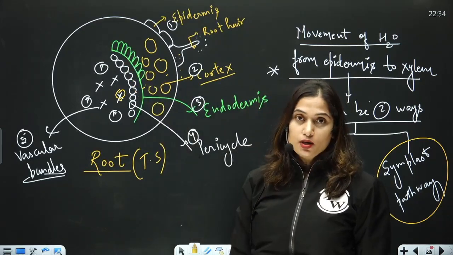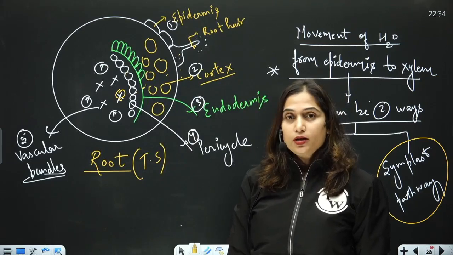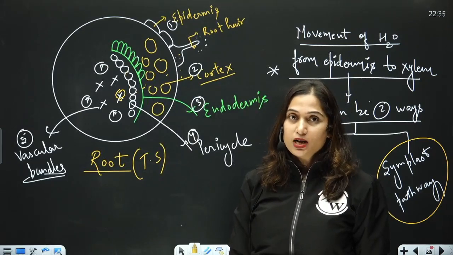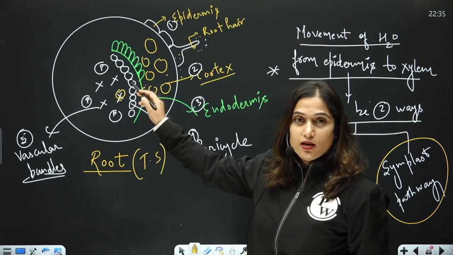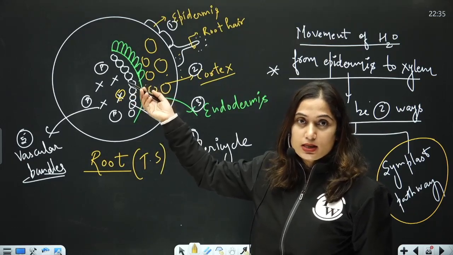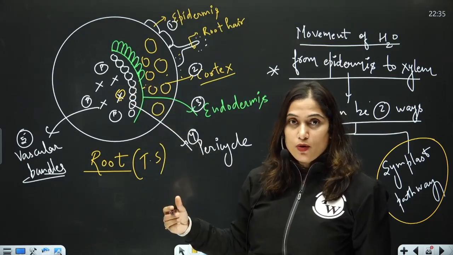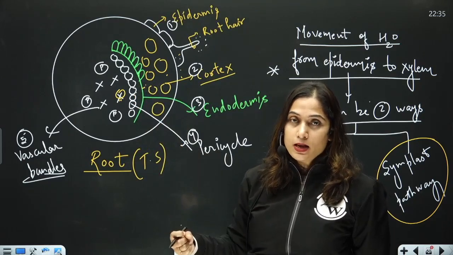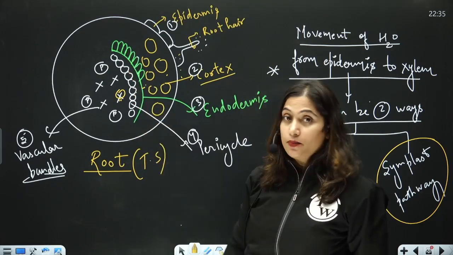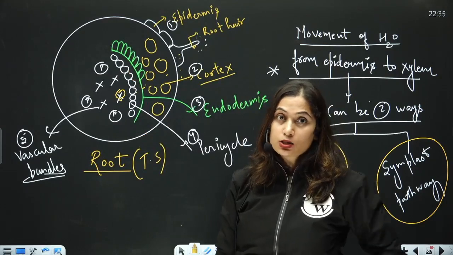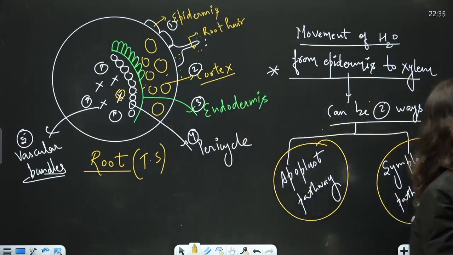To cross the endodermis, water takes the help of the symplastic pathway. Then the pericycle, again majorly apoplastic. So most of the pathway water takes is apoplastic, but to cross the endodermis, it takes the help of symplast. Why? I'll tell you that.